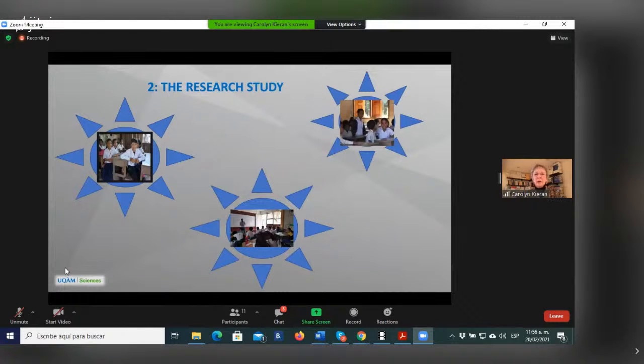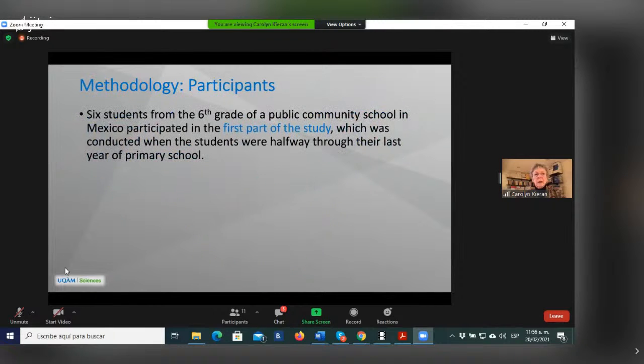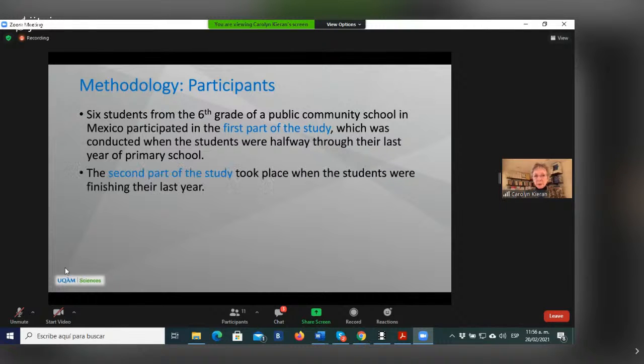Now, the second part, dealing with the research study itself. 6 students from the 6th grade of a public community school in Mexico participated in the first part of the study, which was conducted when the students were halfway through their last year of primary school.